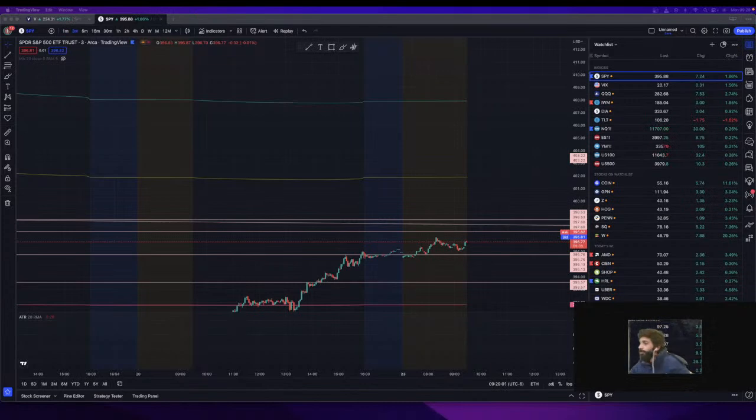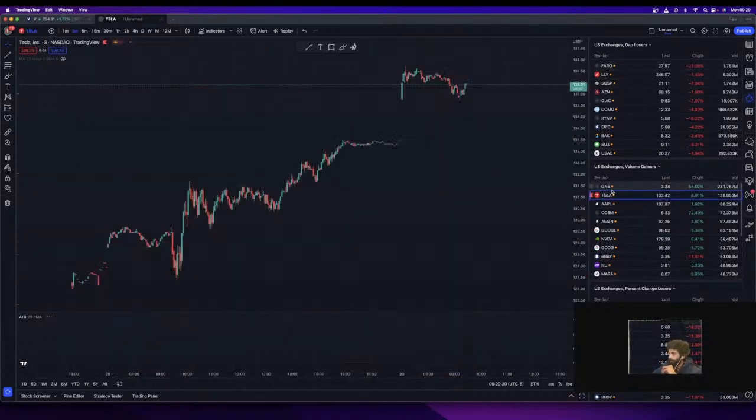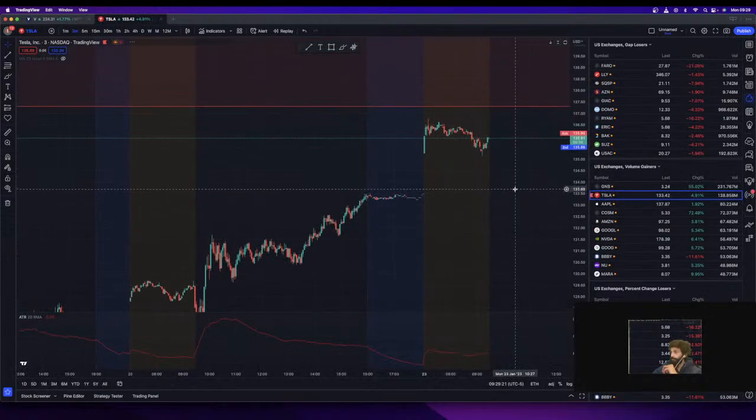One more minute. Let me show you guys in real time what I'm talking about, like the hot listing. You'll see it update immediately as soon as the market opens. Go. Tesla. Oh, Tesla with a nice gap up.